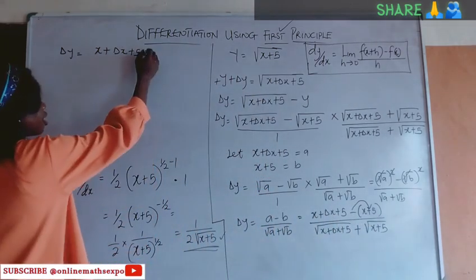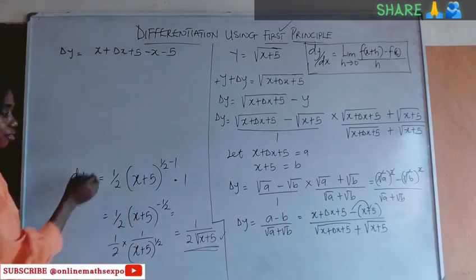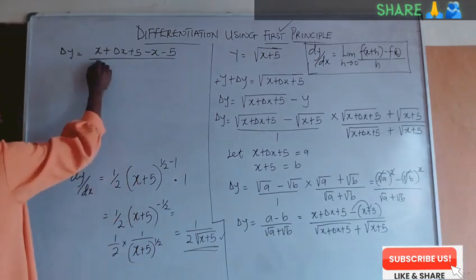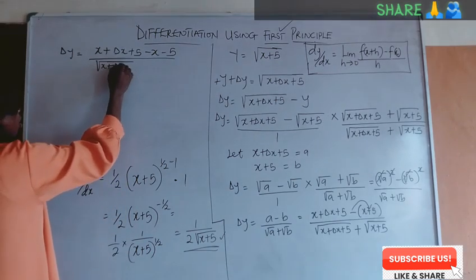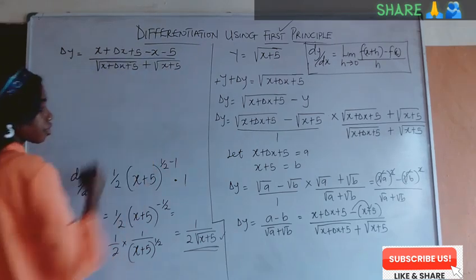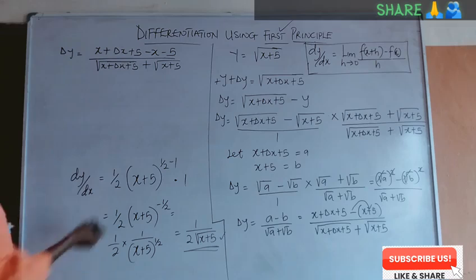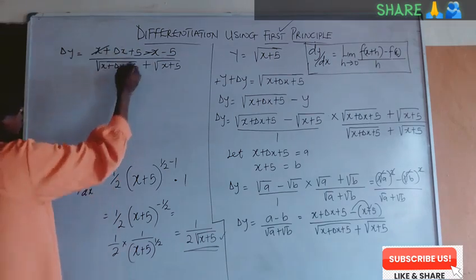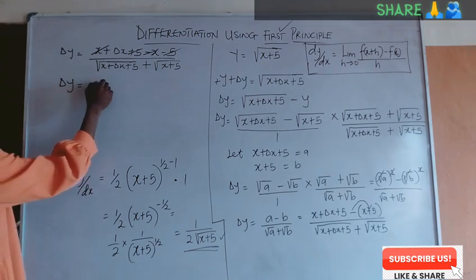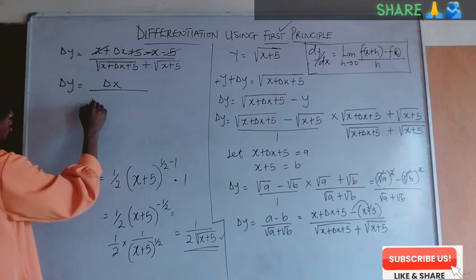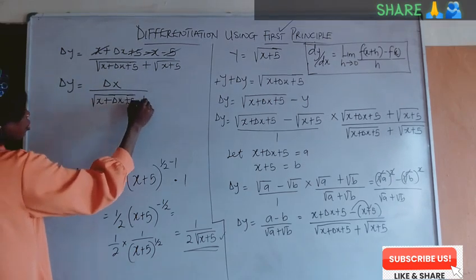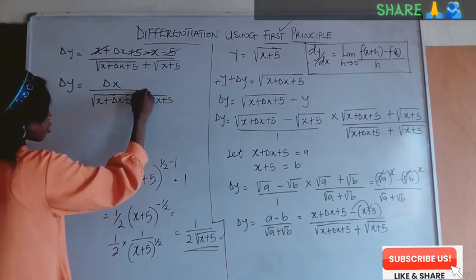So we're going to have negative x minus 5 all over root of x plus change in x plus 5 plus root of x plus 5. This will take care of this: 5 will cancel negative 5. So we have change in y is change in x all over root of x plus change in x plus 5 plus root of x plus 5.